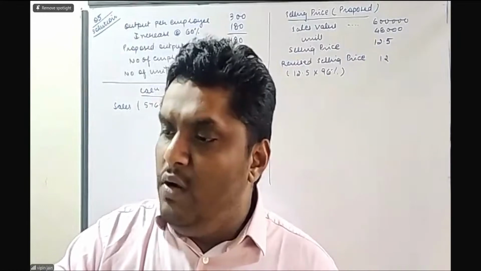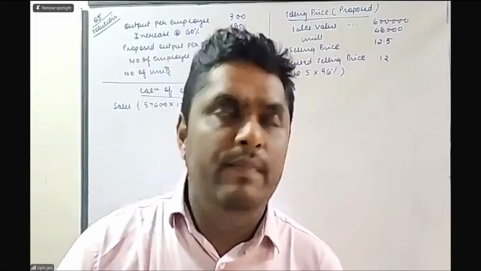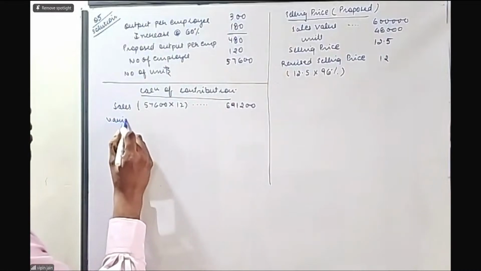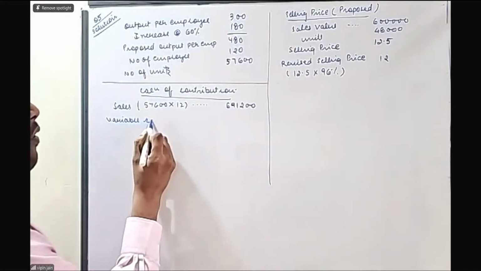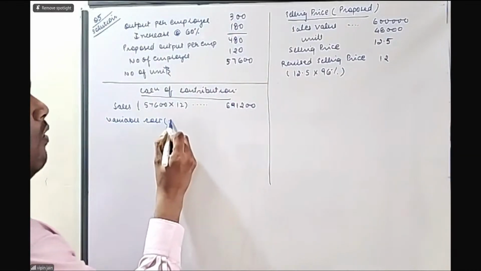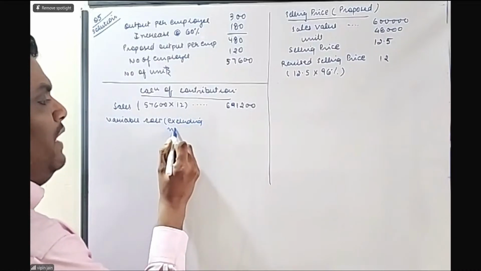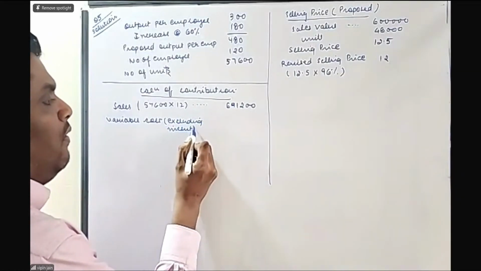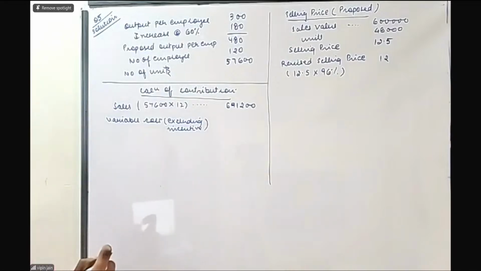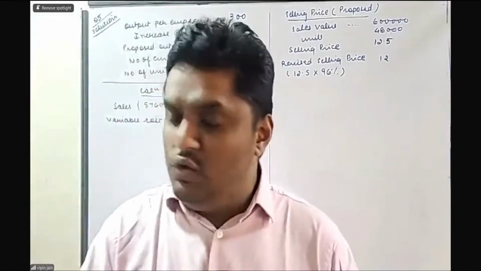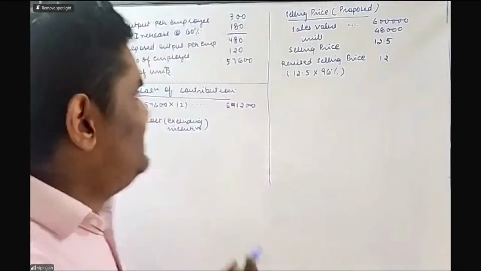So see my variable cost is 3,60,000 excluding incentive. So currently my variable cost is 6 lakh minus 240, that is 3,60,000.